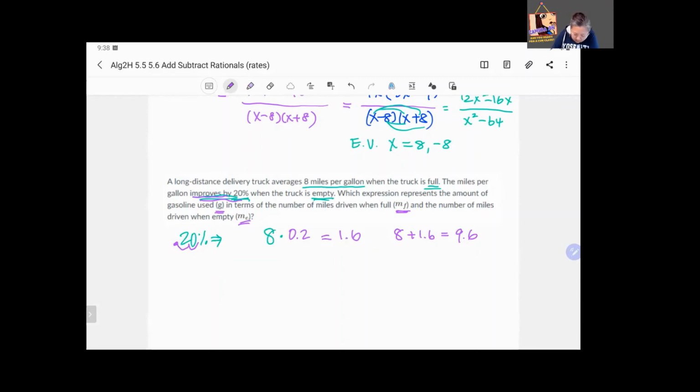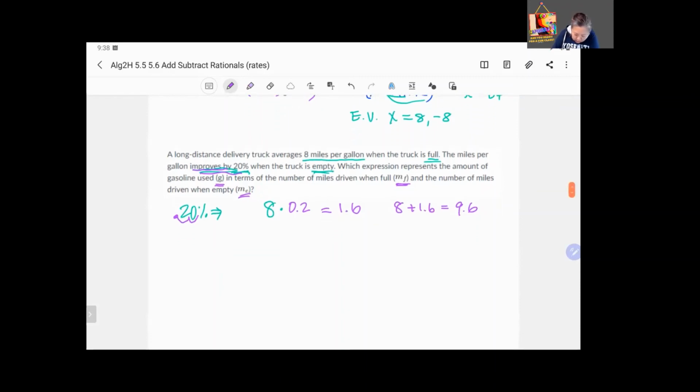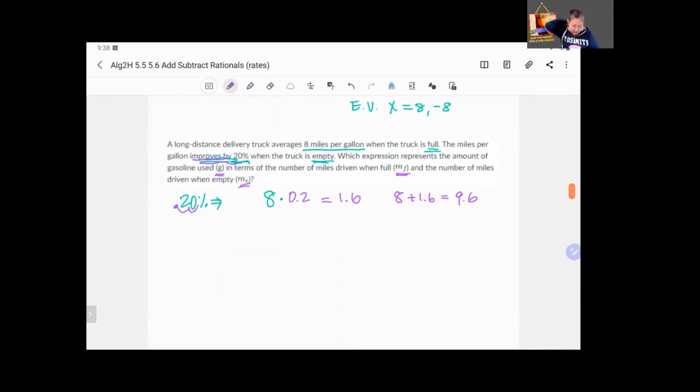Okay, then in order to come up with the rational expressions to solve this model, we need to talk about the rate that we are using here.